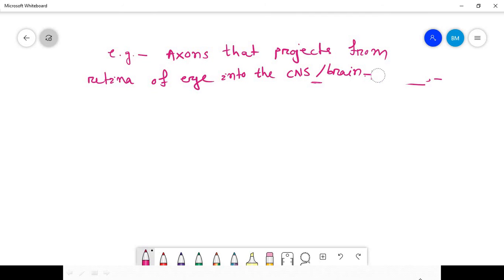Those axons are called optic nerve as they leave the eye.